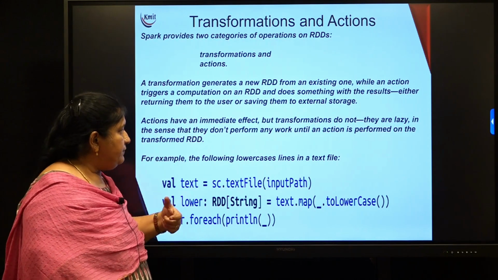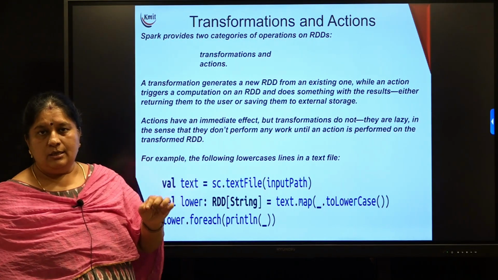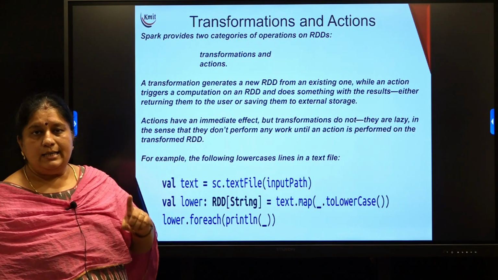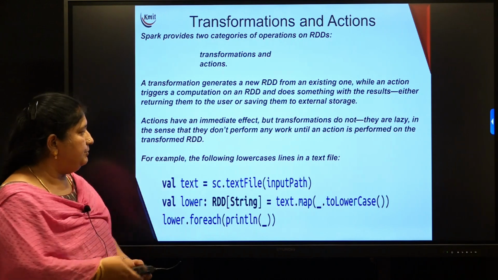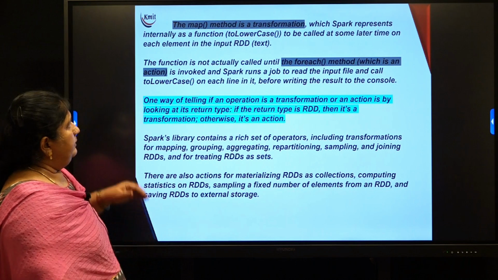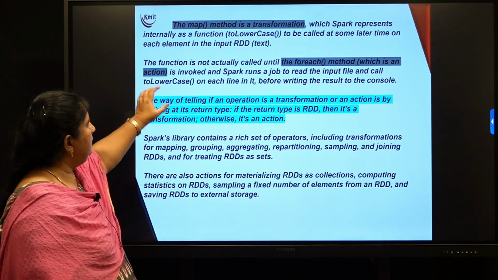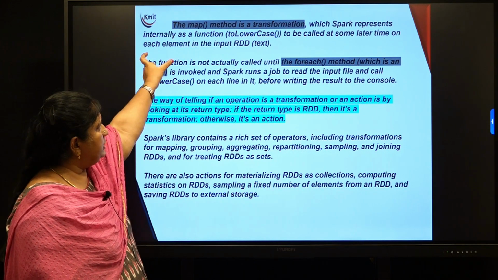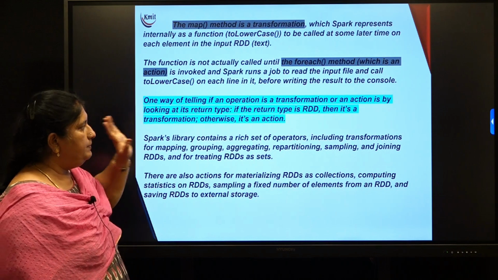So, transformations in Spark are always called lazy computation. They are not computed until an action on them is performed. That is how we call them lazily computed. Whenever we are working with the example, I have explained that. The map is a transformation, it will not be executed until you call the action, printing.